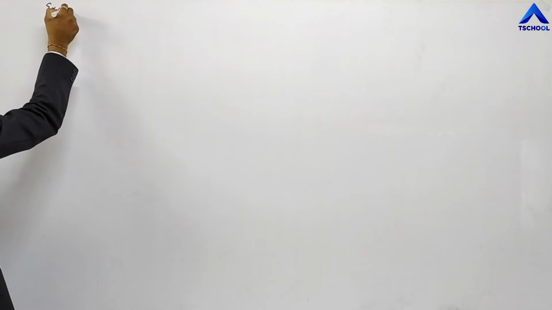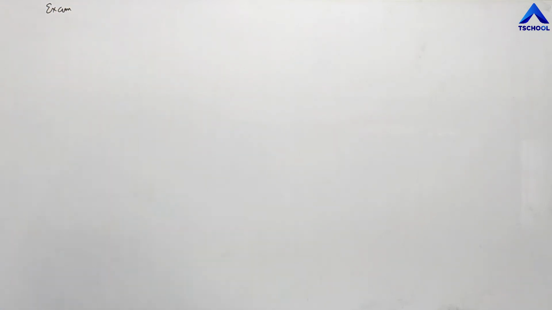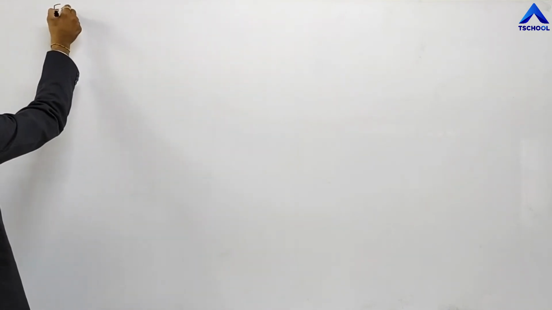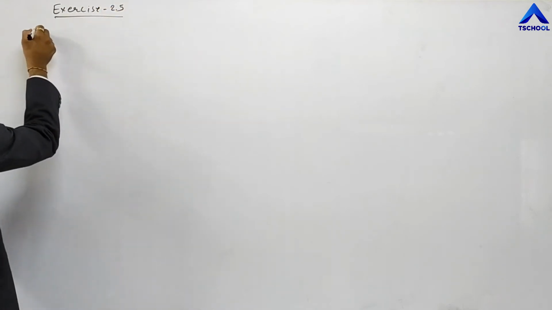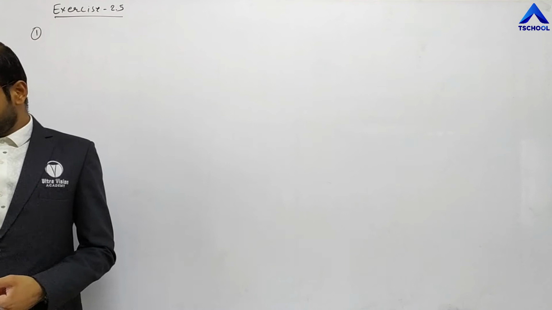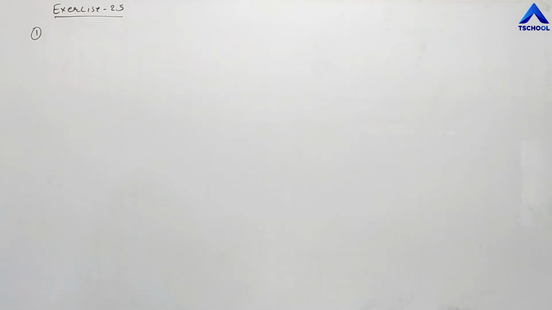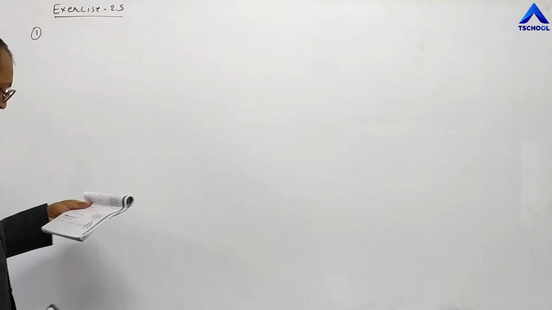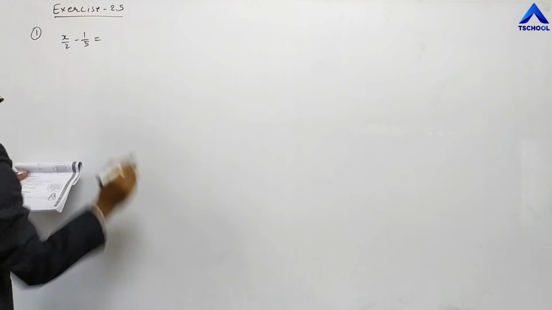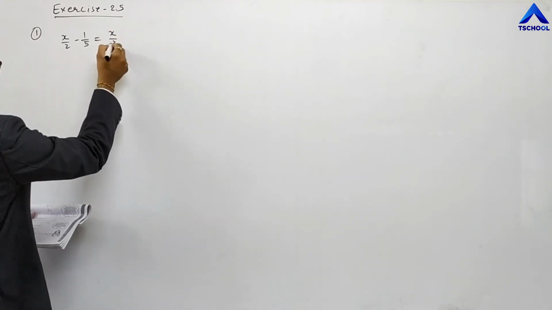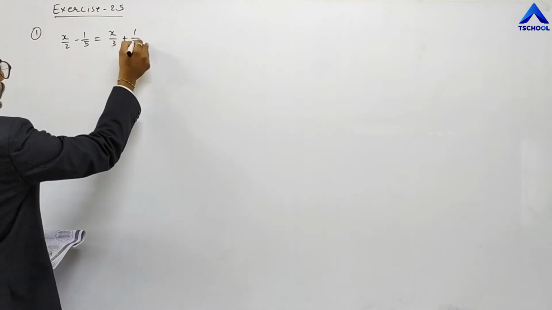So first of all, let me simplify question number 1. For example, we have exercise number 2.5. So x by 2 minus 1 upon 5 equals x by 3 plus 1 upon 4.